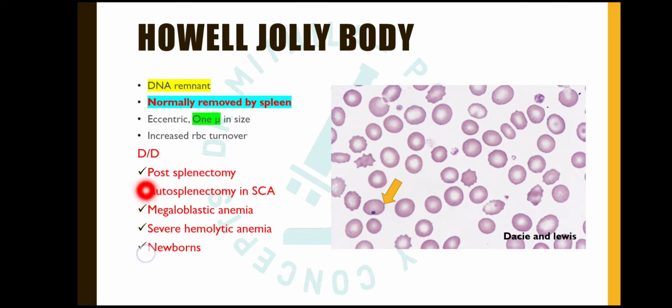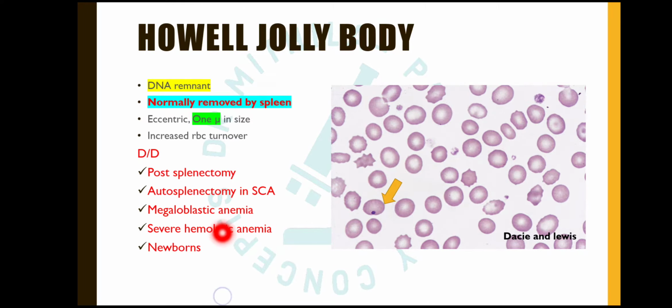Generally these nuclear remnants are removed by the spleen by pitting, but if there is splenectomy or autosplenectomy as seen in sickle cell anemia, in those cases the Howell-Jolly body will be seen. Again in megaloblastic anemia, when there is ineffective erythropoiesis, or severe hemolytic anemia, Howell-Jolly bodies can be seen.